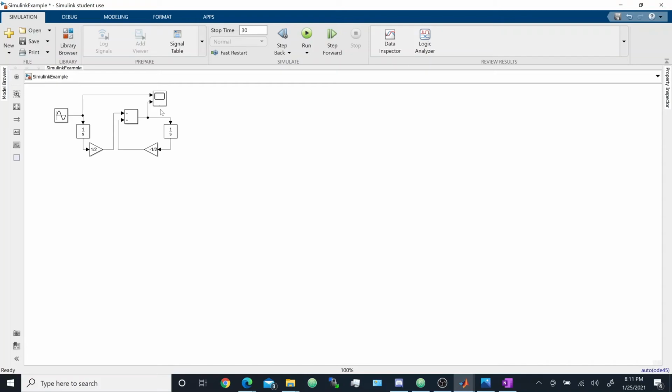That's fine, but I actually want our pulse width to be 10 seconds. So what I'm going to do is 20, so period is 20 seconds. But then the pulse is going to last 50% of that. So that means that it's going to be on for 10 seconds, off for 10 seconds, which is perfect. All right, and then let's go ahead and double click onto our scope. Run it. Now it should be on for 10, off for 10.